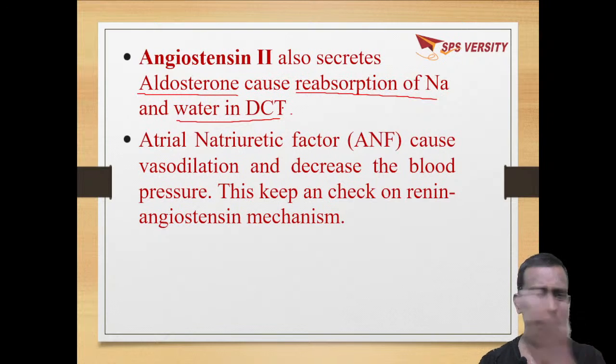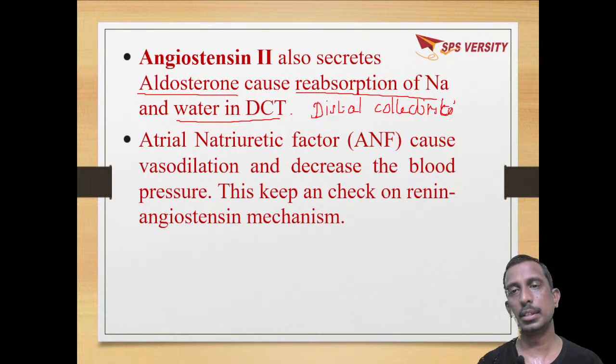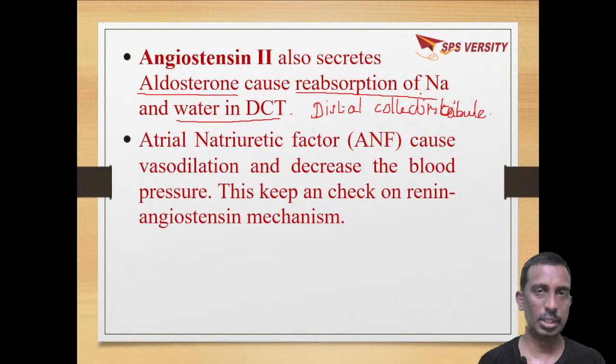So angiotensin 2 plays an important role not only in increasing the GFR, but at the same time it secretes aldosterone, which causes reabsorption of sodium and water. It acts on the distal tubule, which will increase the reabsorption of sodium and water. This is another hormone which plays an important role.